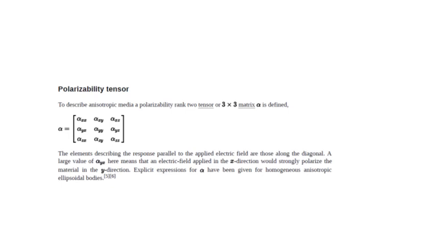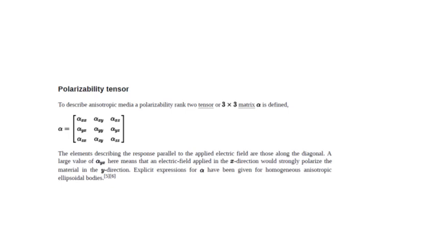Here, I have shown a matrix for the polarizability tensor. As I discussed in the beginning, the polarizability tensor is there when there is no preferred direction. If we are in three dimensions and an anisotropic medium is there, the polarizability is given by this tensor: alpha xx, alpha xy, alpha xz, alpha yx, alpha yy, alpha yz, alpha zx, alpha zy, alpha zz, where x, y, z are the directions in which the polarization occurs.